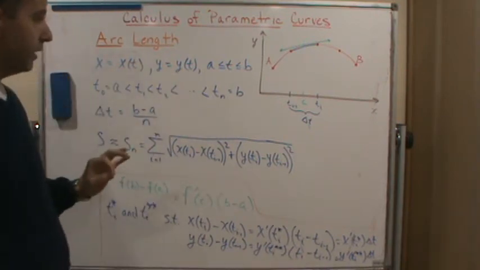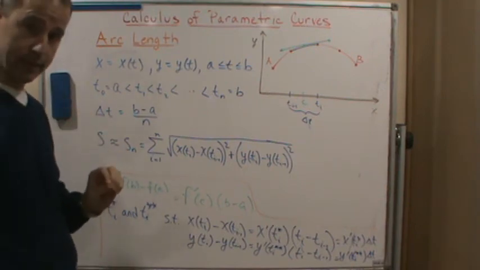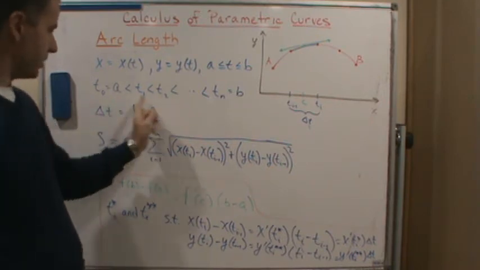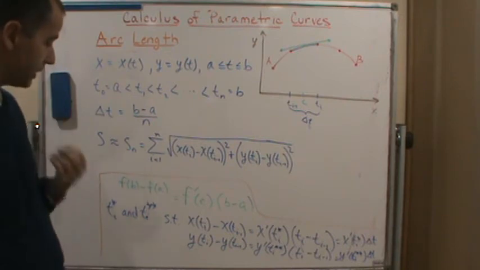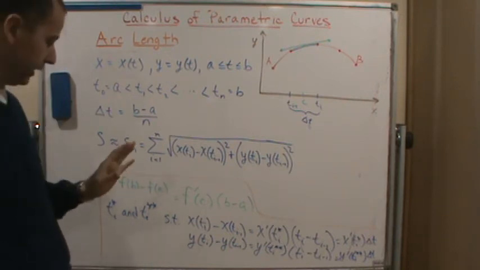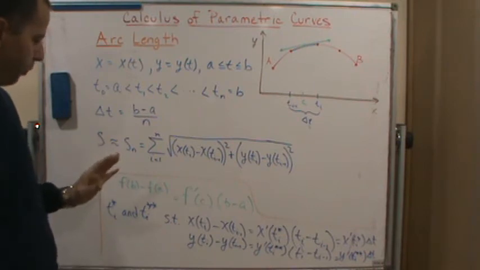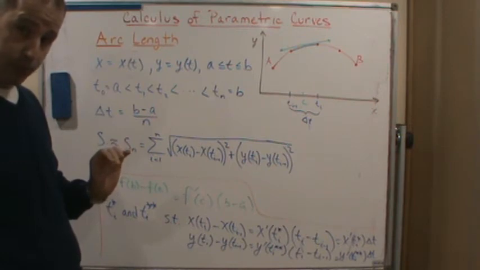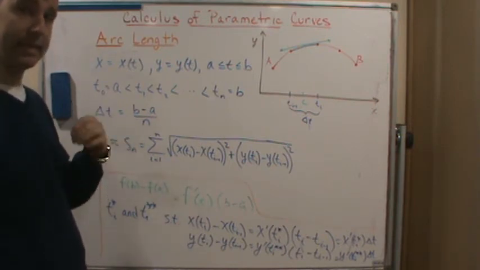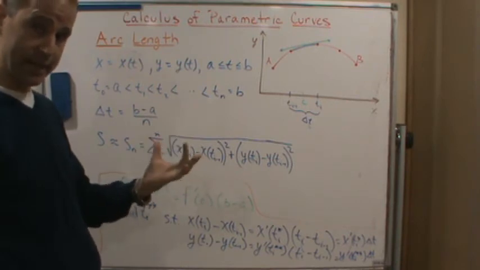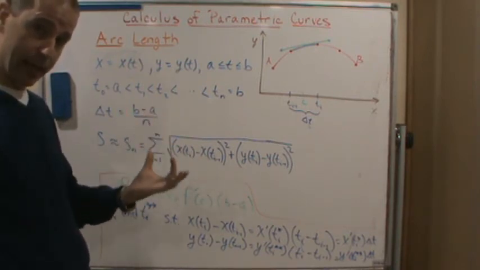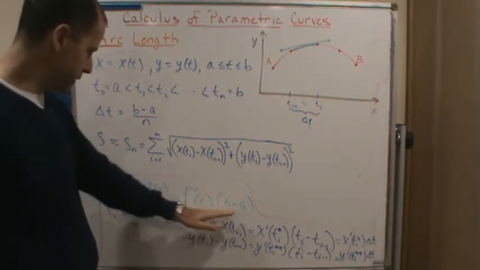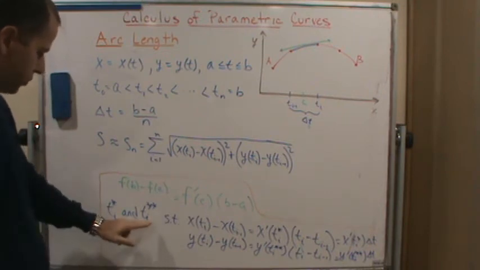If that's the case, then for each one of these subintervals there has to be a point such that, by the mean value theorem, the slope of the tangent line at that point is the same as the slope of the line segment connecting the two endpoints.